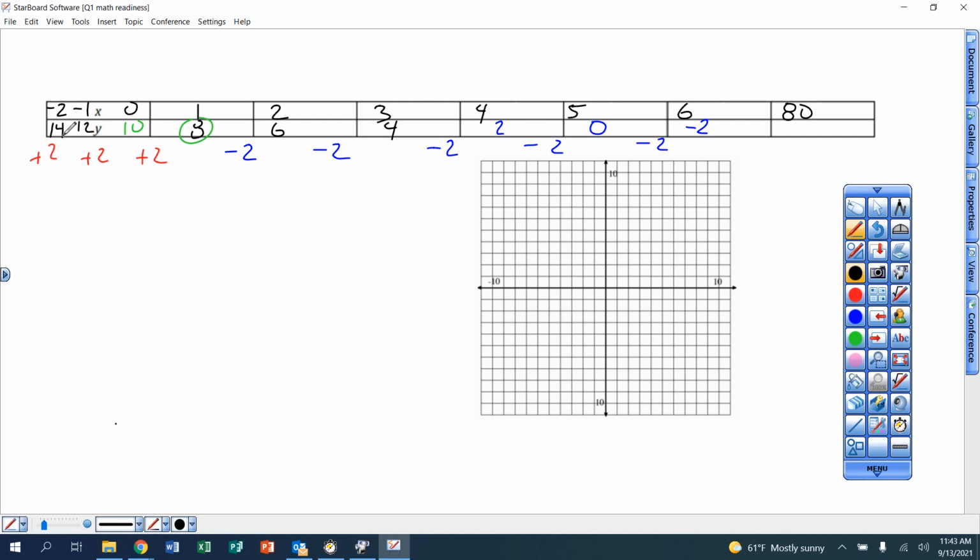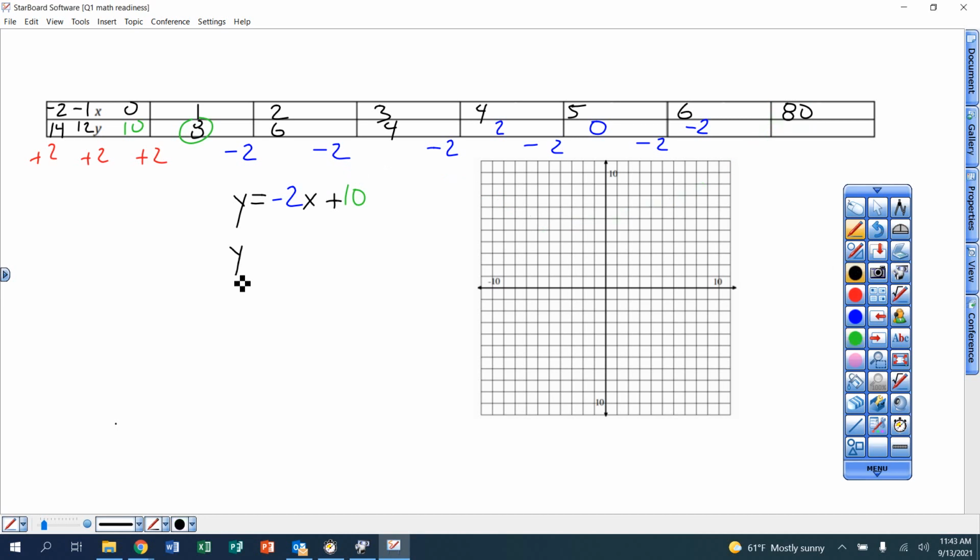If I was to jump ahead to the 80th, use that number in front of x, the slope, that negative 2, added to the y-intercept term, or the y term when x is 0. That would be that green 10 right there. If I'm having you find the 80th term, you're just going to plug it in there and do the math. So here we go.